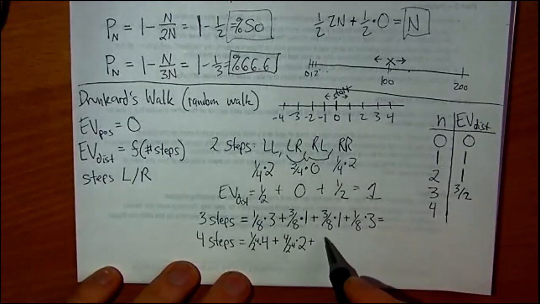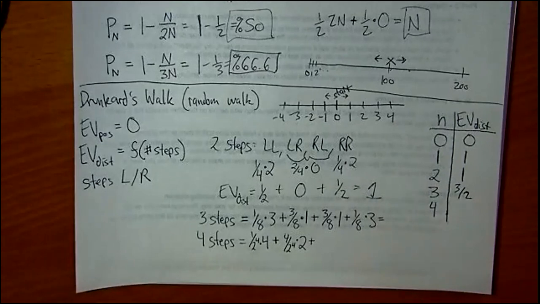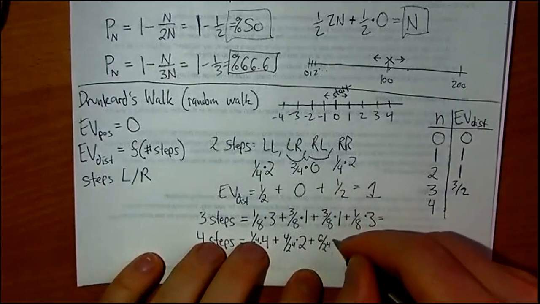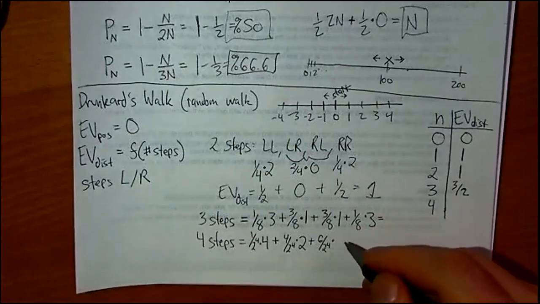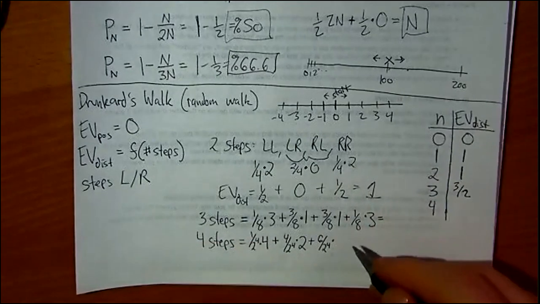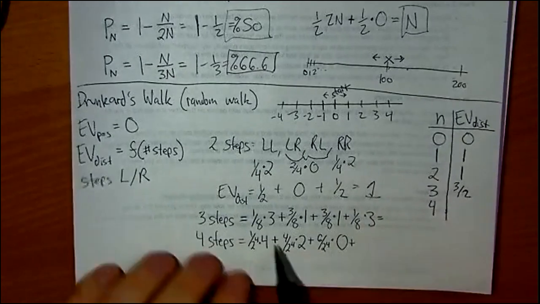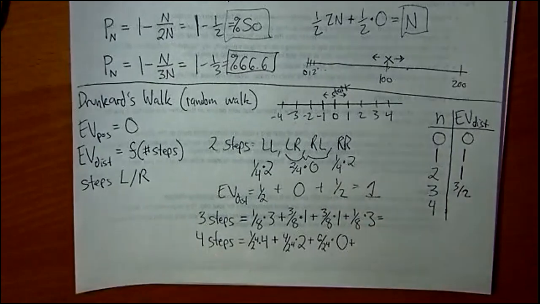Or what's my next term going to look like? Okay, 6 over 2 to the 4th times, not times 1, should be 0. Plus. So here's where Pascal's triangle comes in.